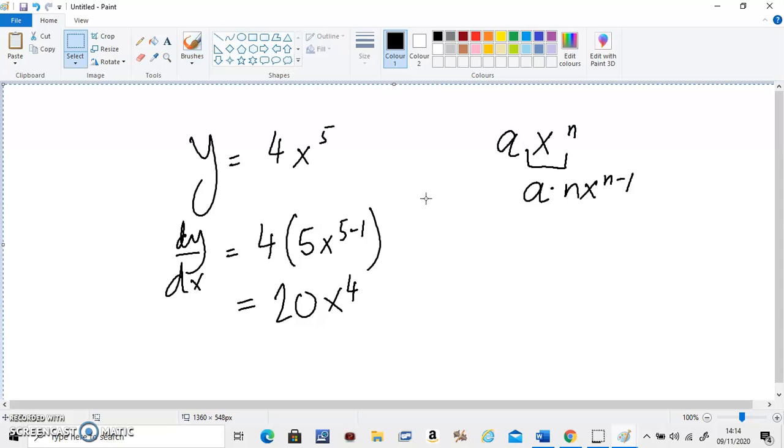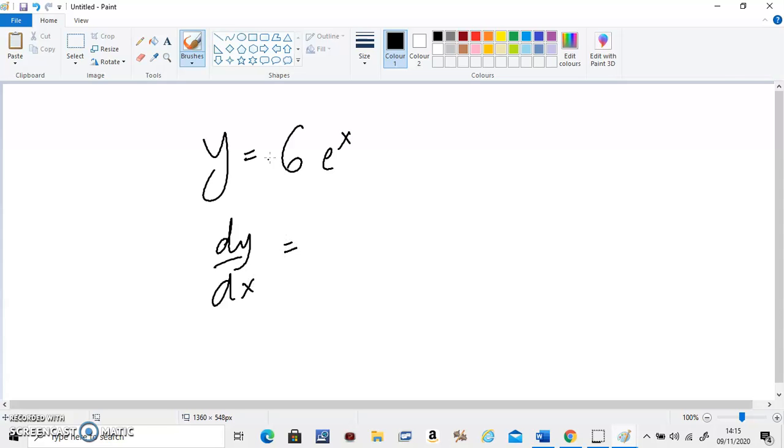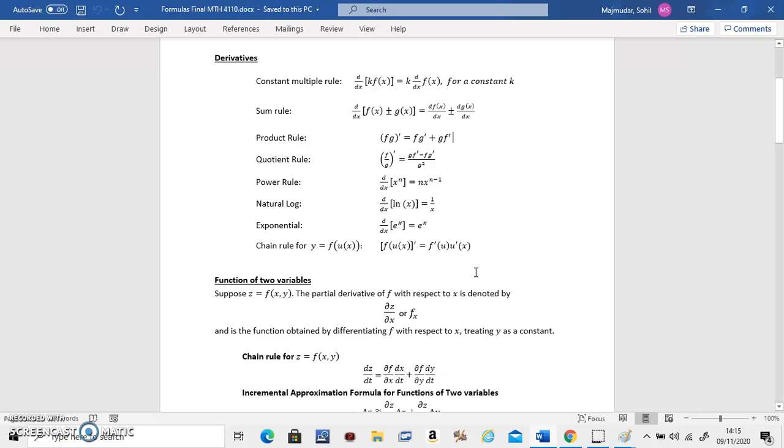So let's do one more. If I give you another one, say y equals 6e to the x, and the question is to find dy by dx. Now what you want to do is look at this one, go to your list of formulas, and it matches with this one. d by dx of e to the x is e to the x.